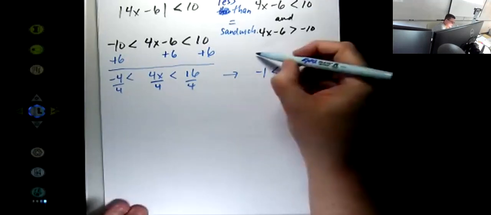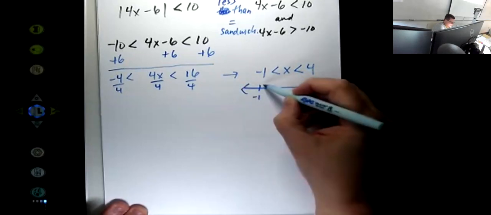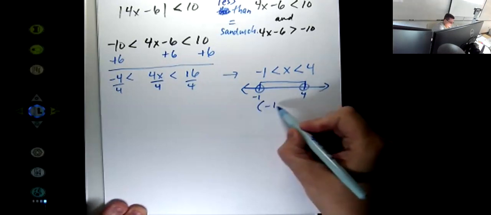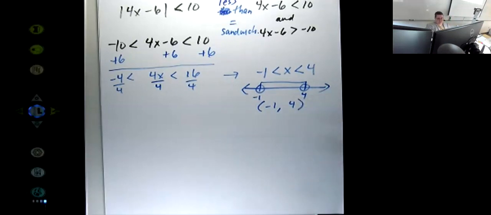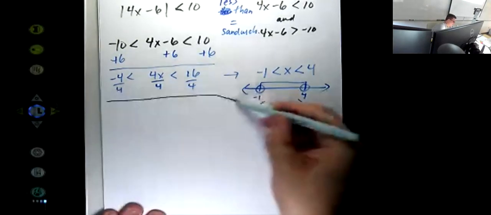And if you did that on a number line, see, it does this. And so in interval notation, we've got -1 to 4 like that with parentheses on both sides. Why don't you guys try one real quick?